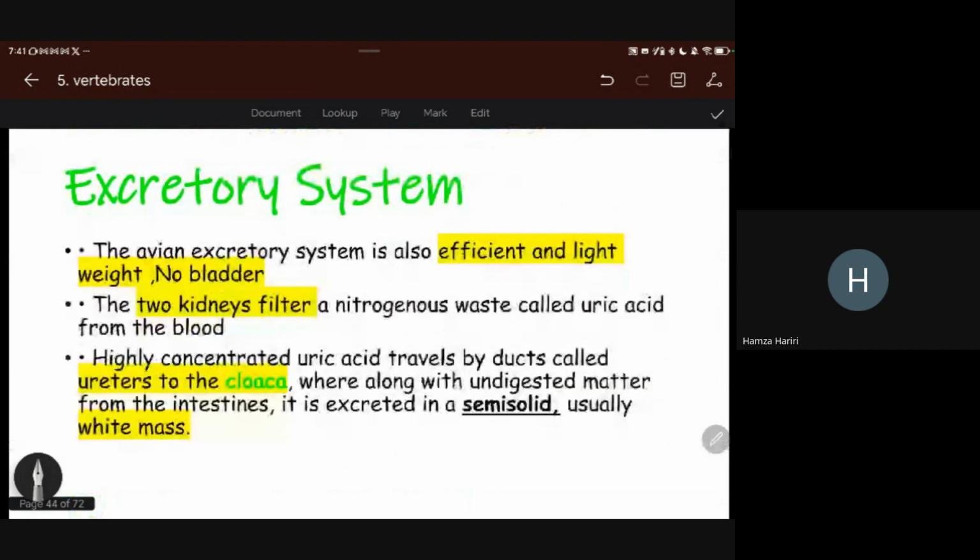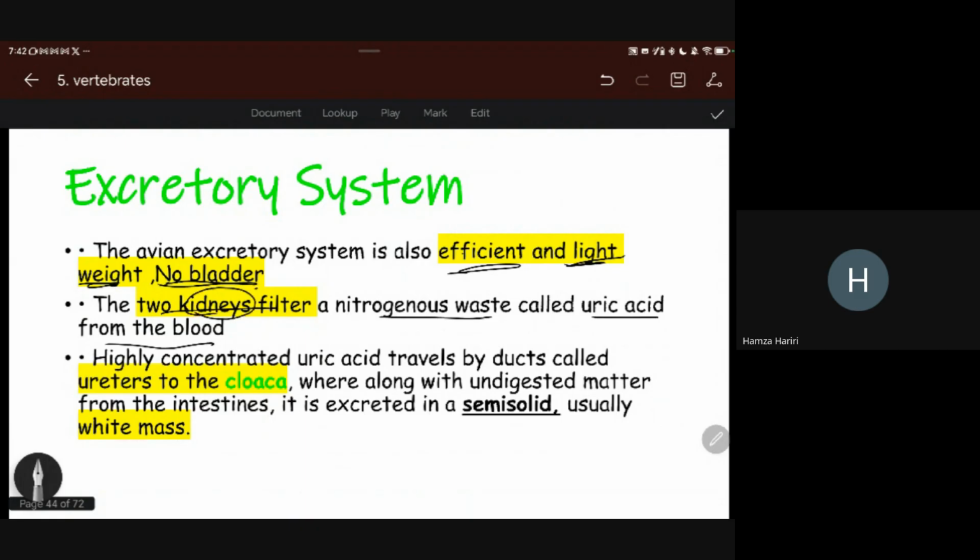Their excretory system. How do they remove their waste? It is efficient and light in weight, and they do not have a bladder. Why? To lighten the bird. They have two kidneys to filter the nitrogenous waste called uric acid from the blood.